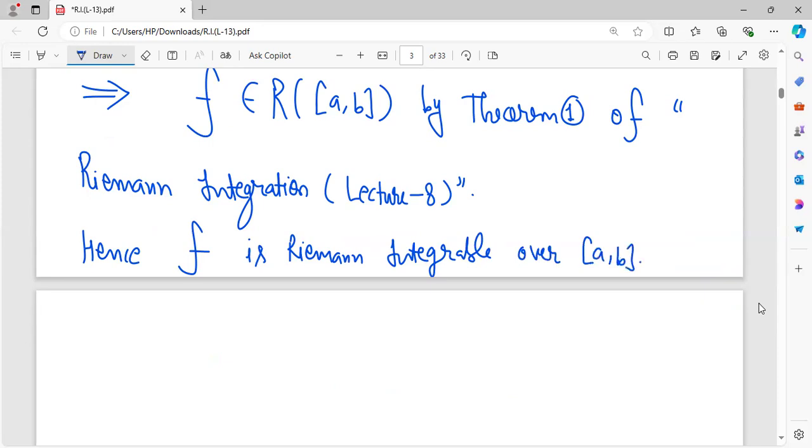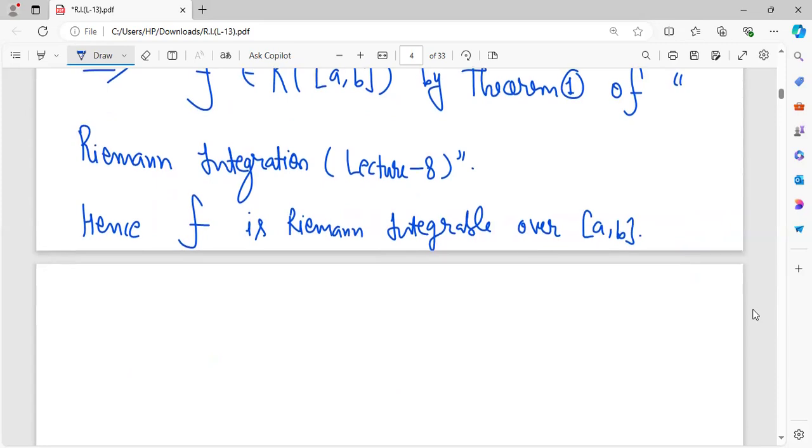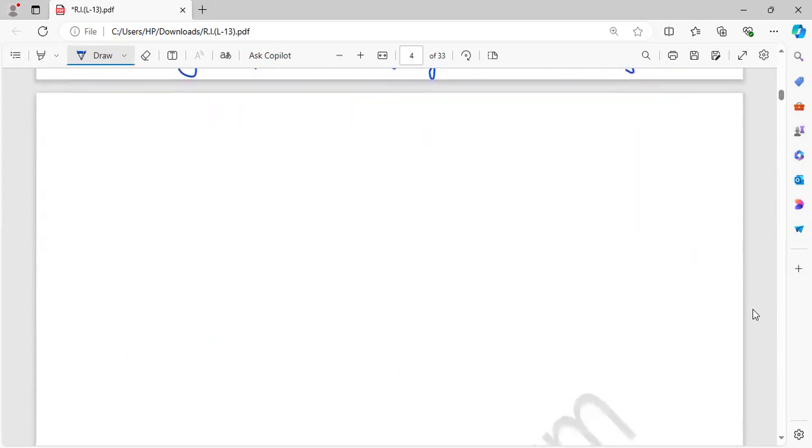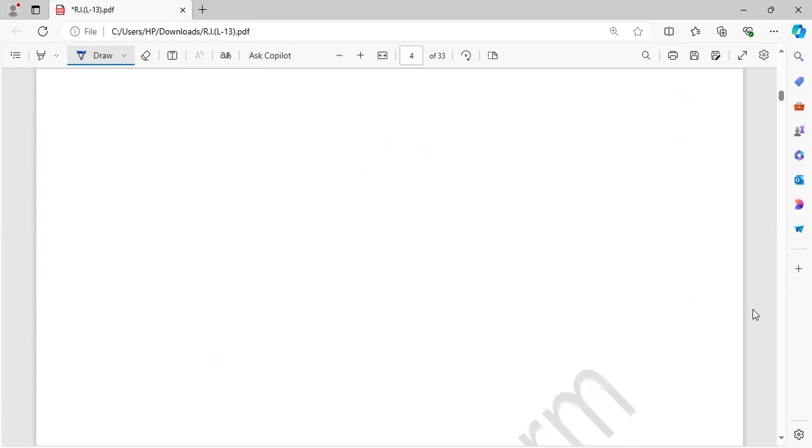Okay. Now, what is the use of this? For example, you take any monotonically increasing function.